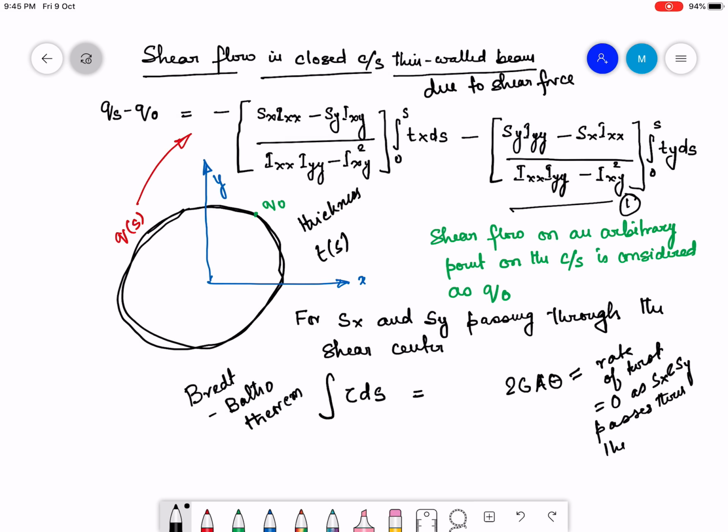Passes through the shear center. Right? So therefore, the integral of tau ds is going to be equal to 0. So this can further be written as, in place of tau, qs by ts into ds, because we are usually finding out shear flow and not shear stress.